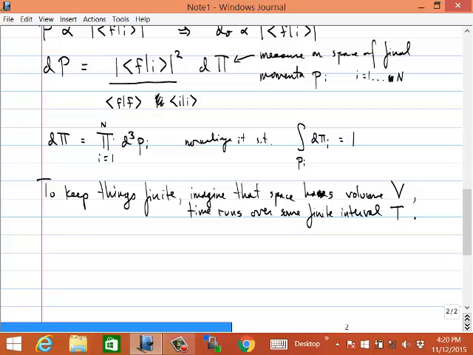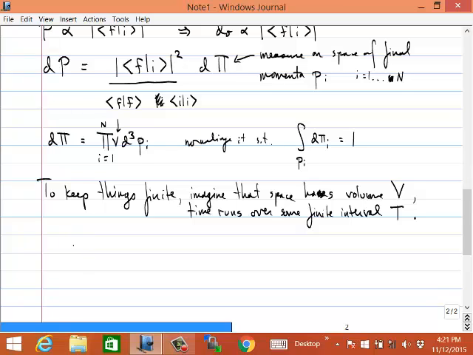That means that I should really put a volume factor here, because d3p has units of 1 over length squared, so it is units of 1 over volume. By putting a factor of volume here, I'm really just ensuring that the integral over all final state momenta is equal to 1. So that's just a way of keeping everything nice and normalized.